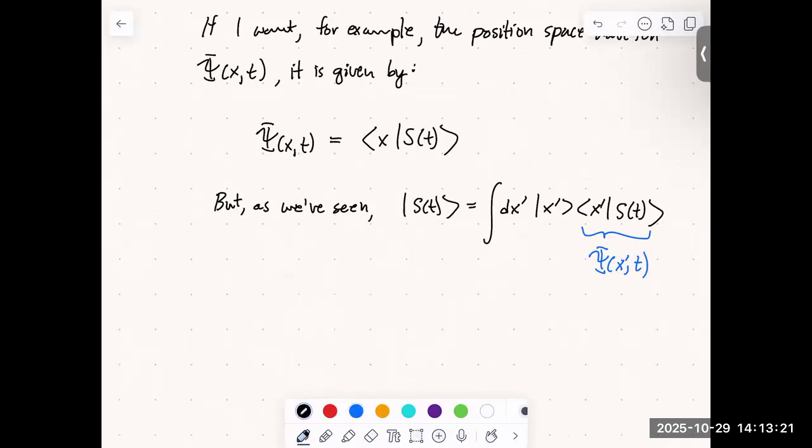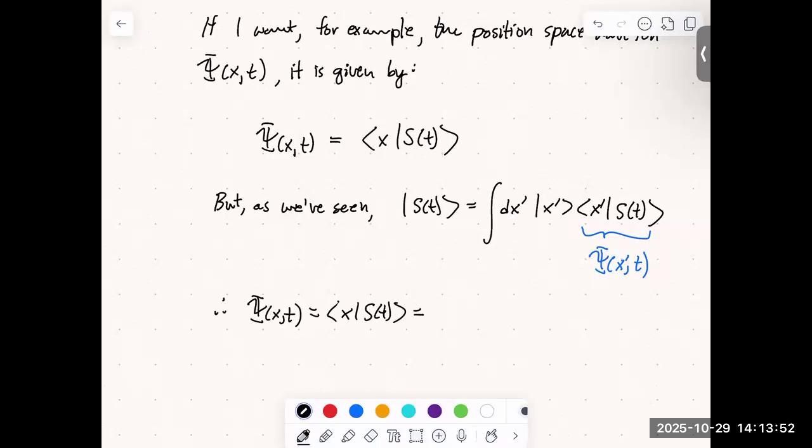What I can do is say the wave function in terms of position coordinates, space coordinates, is <x| acting on S, which is <x| acting on this thing.